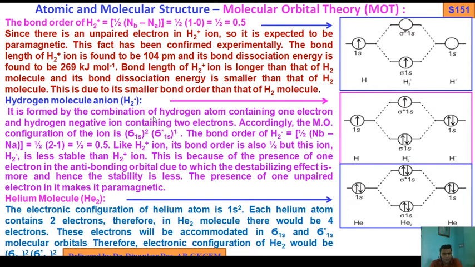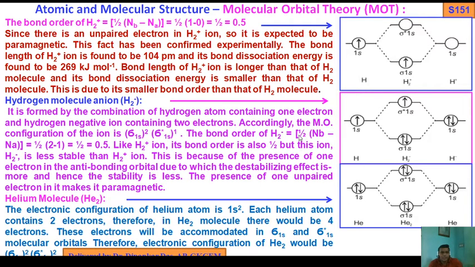It is formed by the combination of a hydrogen atom containing 1 electron and a hydrogen negative ion, that is H minus, containing 2 electrons.